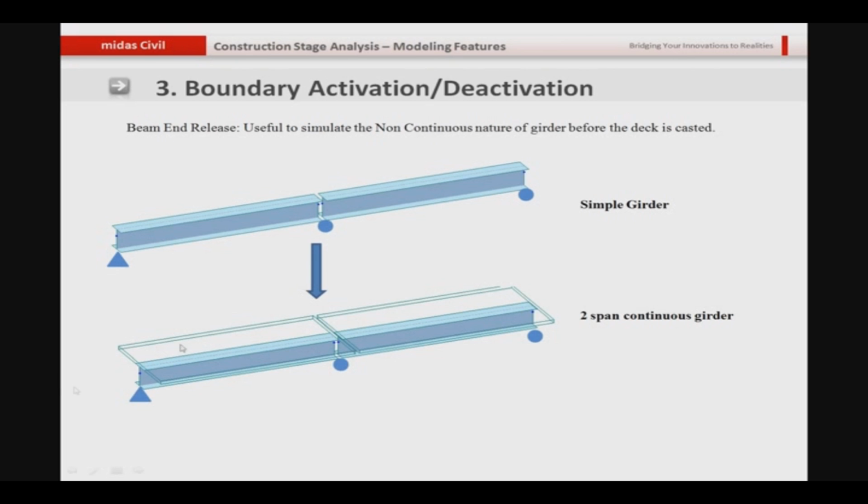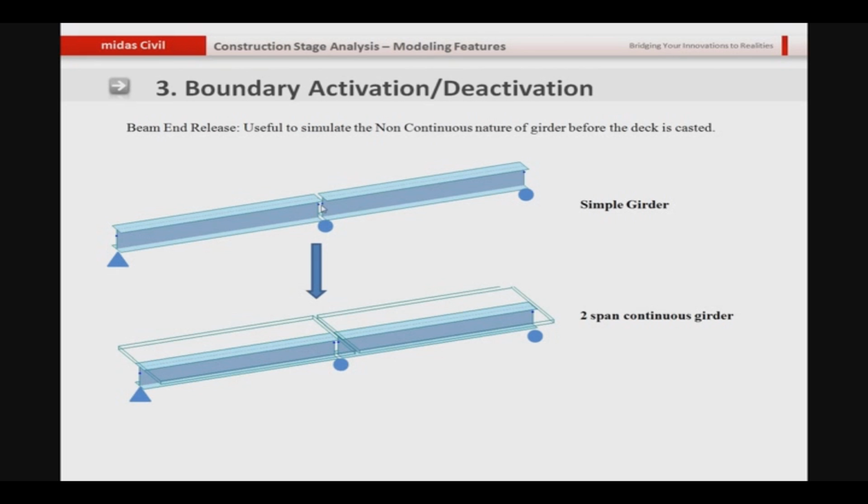You can apply the beam end release at this location, and once the structure becomes continuous, you can deactivate the beam end release, and in this way, in the first stage you will have the simply supported nature of the girder, and in the second stage you will have the two-span continuous girder, because you have deactivated the beam end release.